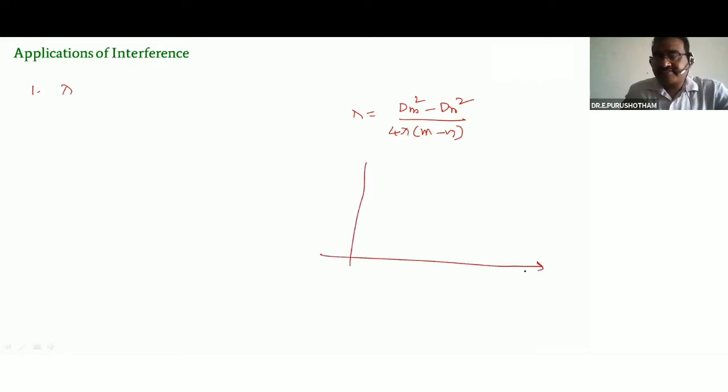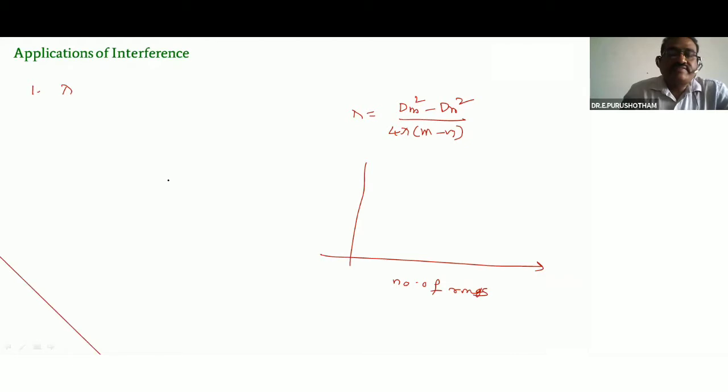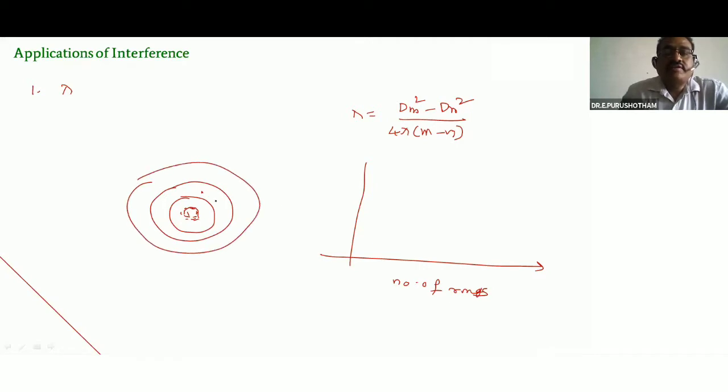Take an x-axis, number of rings. For example, this is the dark spot, and around this first ring, second ring, third ring. So ring number 1, 2, 3, and 4. These are the number of rings.